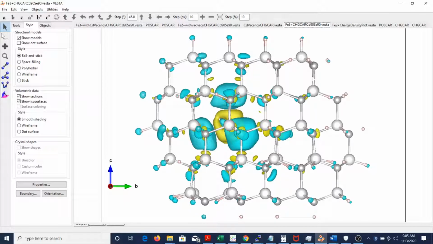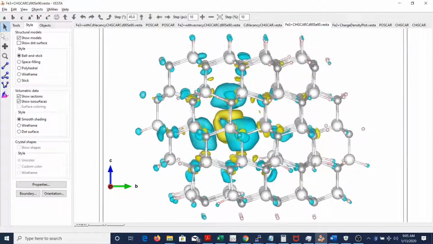We are not looking at that yet, because our purpose is to show that we have Fe3+ in the case of cadmium selenide that is doped with both iron and the cadmium vacancy. Since that is the purpose, we'll stick to that.